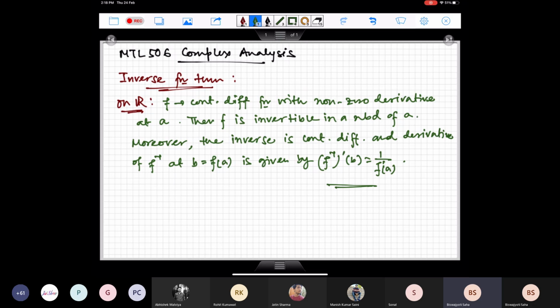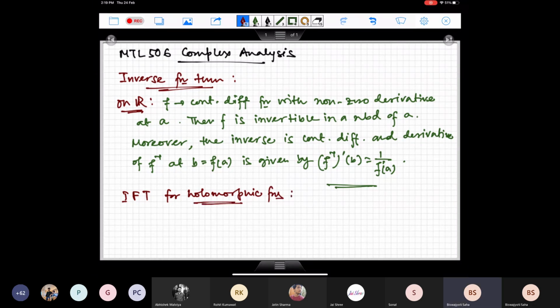Now that you know the statement over R, we are going to state the inverse function theorem for holomorphic functions.